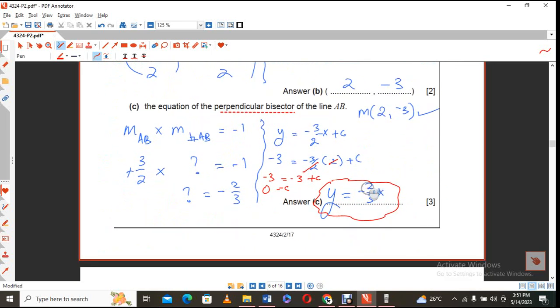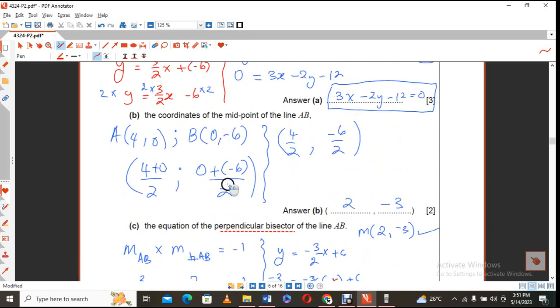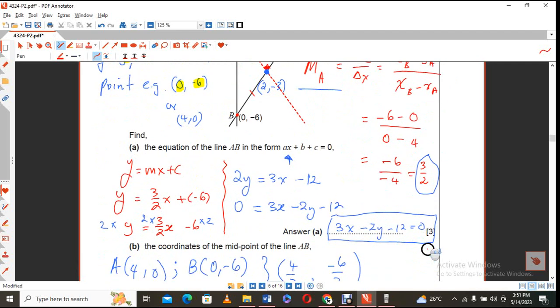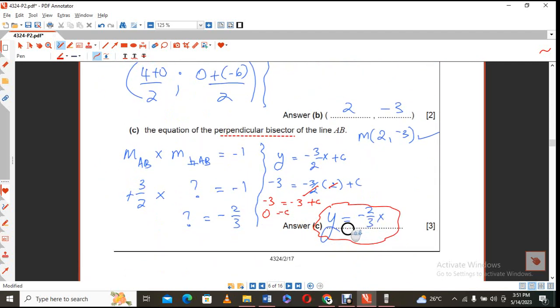Suppose someone said, okay, I know the gradient now. I think there's a small problem. Our gradient was 3 over 2 and not -3 over 2. So this is supposed to be 3 over 2 and not -3 over 2.